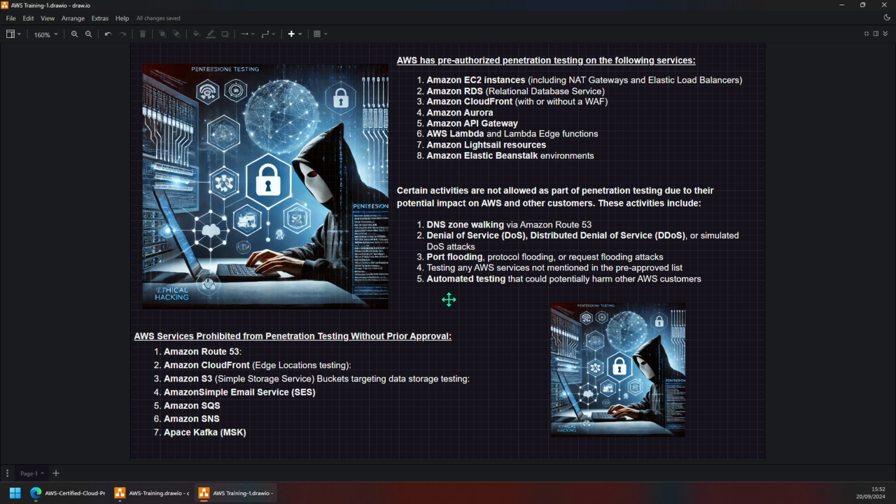And which services are prohibited from penetration testing without prior approval? Obviously, that means you have to go and get prior approval from AWS for these services. One is Route 53, and then CloudFront, S3, Simple Email Service, SQS, SNS, and MSK, which is your Kafka.